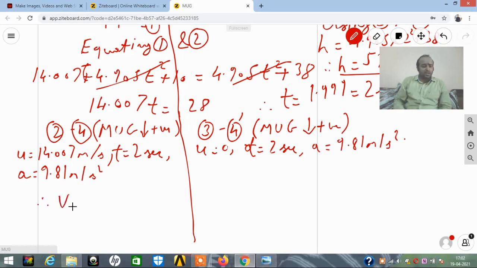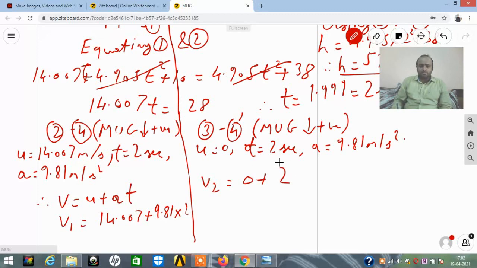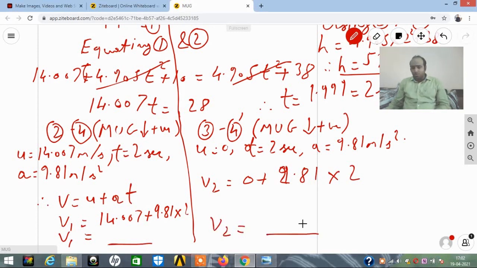So using v is equal to u plus at, v1 is equal to 14.007 plus 9.81 into 2, and v2 is equal to 0 plus 9.81 into 2. V1 is 33.627 meter per second in downward sense.